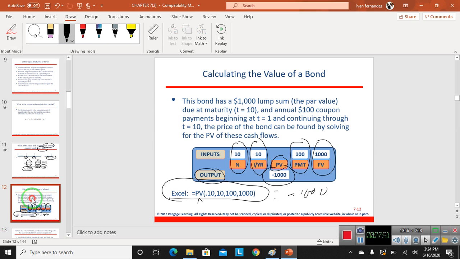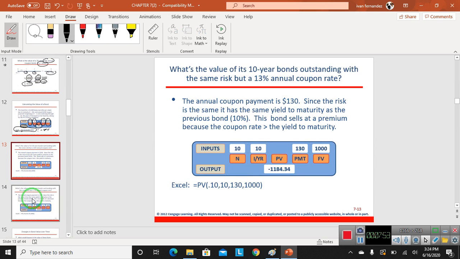Now let's look at a problem where the coupon and the required return are not the same. In this case, we also have a 10-year bond with a 13% annual coupon rate. So 13% coupon rate means $130 a year.